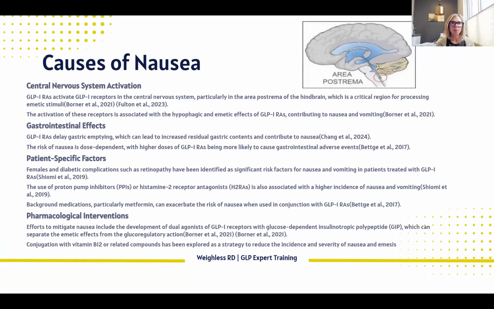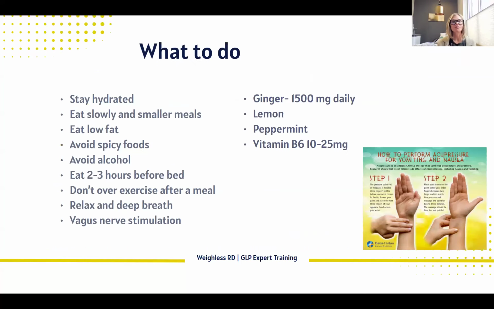Some things to think about with nausea. Some studies show that switching from semaglutide to tirzepatide can reduce that or eliminate that altogether. Some things to do for nausea: stay hydrated, eat slowly, eat smaller meals, eat low fat for that period of time, avoid spicy foods, alcohol, don't eat and go to bed, don't over exercise after a meal.